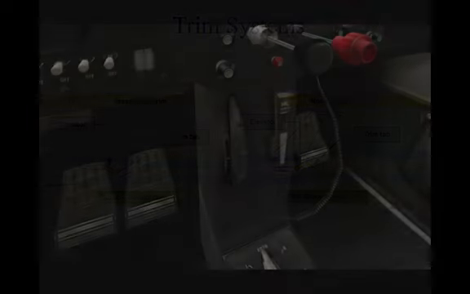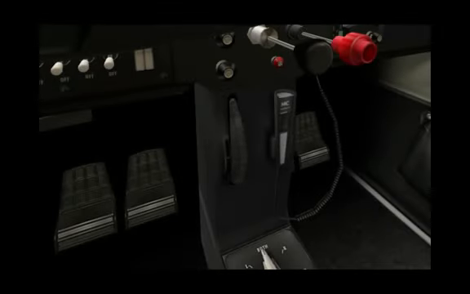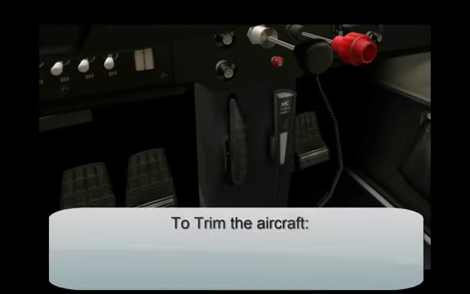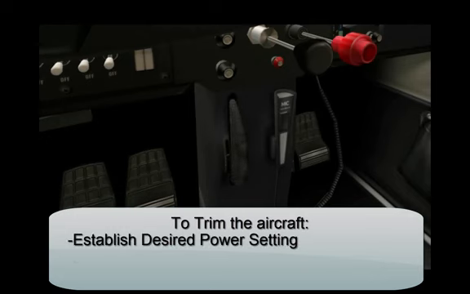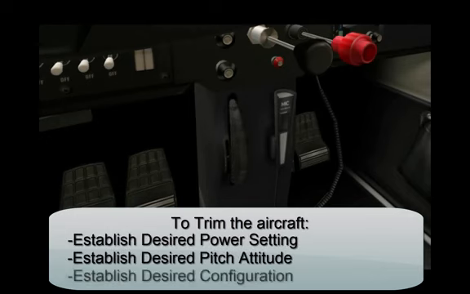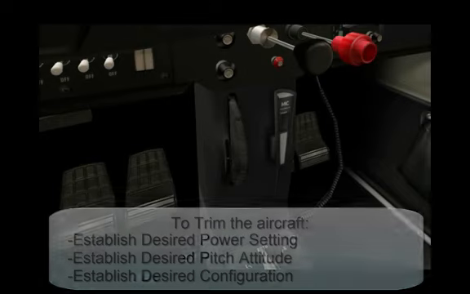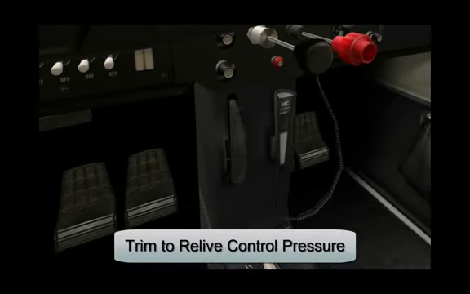In small aircraft, they are usually manually controlled by a small vertically mounted control wheel. In small aircraft, the wheel moves the trim tab on the elevator, causing the plane's nose to pitch up or down. The pilot usually establishes a desired power setting, pitch attitude, and configuration, and then trims the controls to relieve the pressure required on the controls.